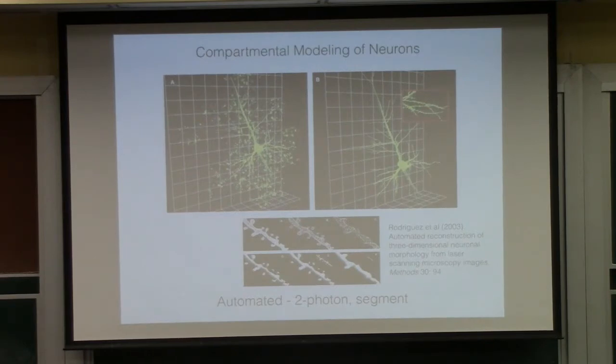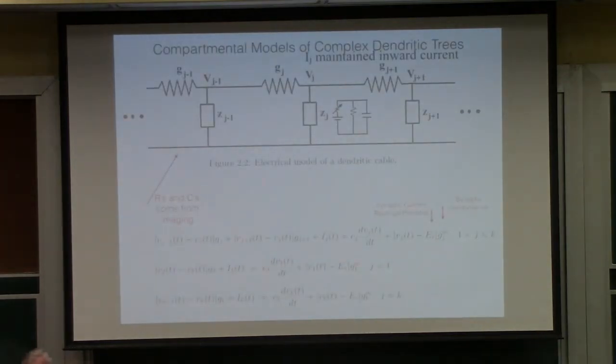Nowadays there are systems that can reveal these structures and take that data and break each portion of the dendrite into a single little tube, represent the electrical properties of the tube, and concatenate them all together to build up a model of a complex dendritic tree, generate the equations automatically, numerically integrate the equations automatically, and simulate that neuron all from an image in a very quick way. And so this is how this all works.